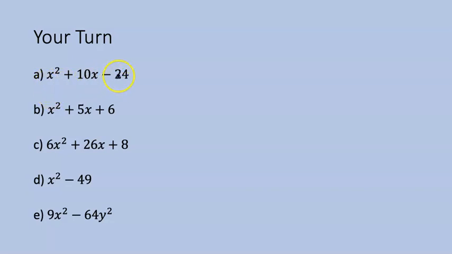So with A, the first one is a negative. So I'm going to write my brackets. I've got x and I've got x. I want two factors of minus 24 that are going to add to 10. And I know already if I've got 6 times 4, it's going to give me 24.